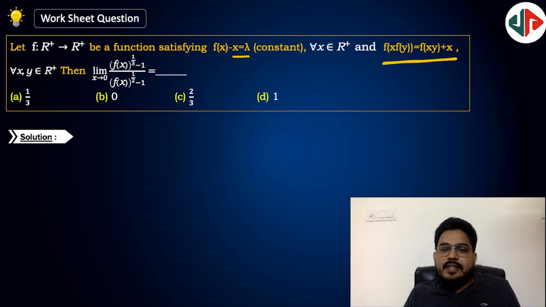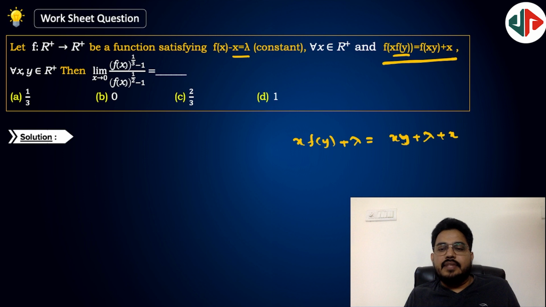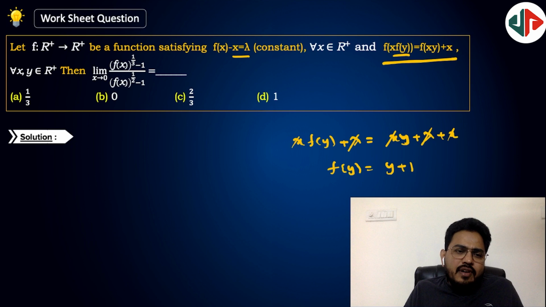So it is x f of y plus lambda is equal to xy plus lambda plus x. So f of y is equal to y plus 1. So what is our f of x? f of x is equal to x plus 1.